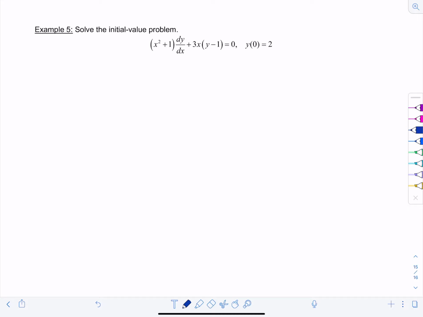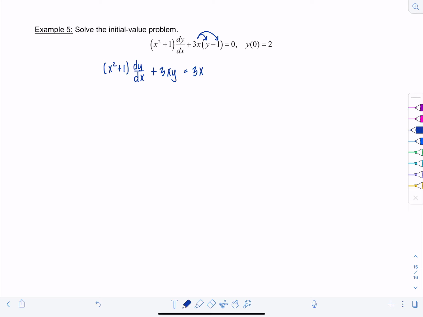So we have to put it in the standard form, and I do actually have to distribute this 3x because remember, you need a function of x on the other side, and you can only have p of x times y, not y minus 1 on the left-hand side. So x squared plus 1 dy dx plus 3xy is equal to 3x.